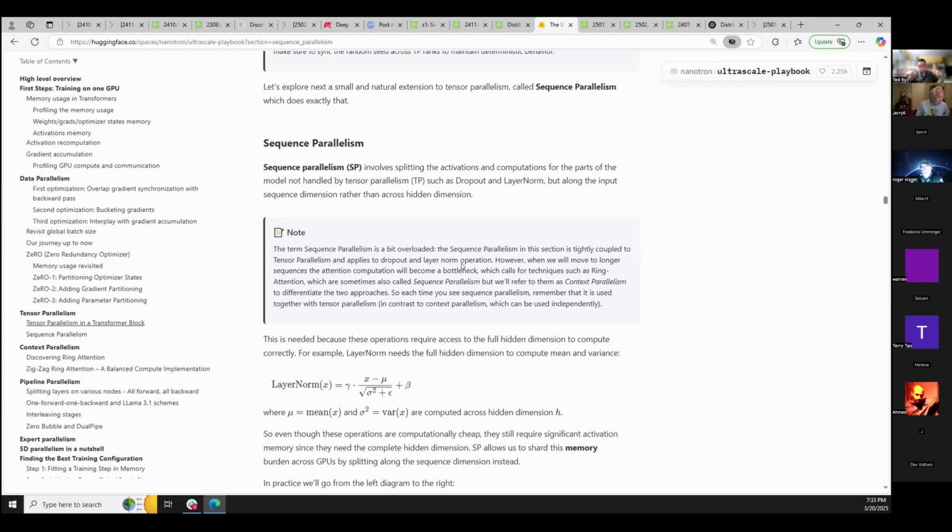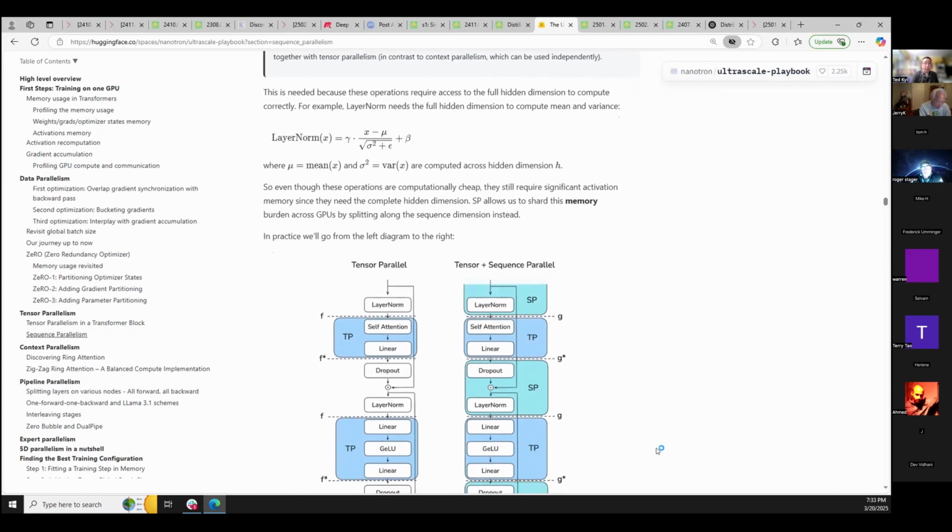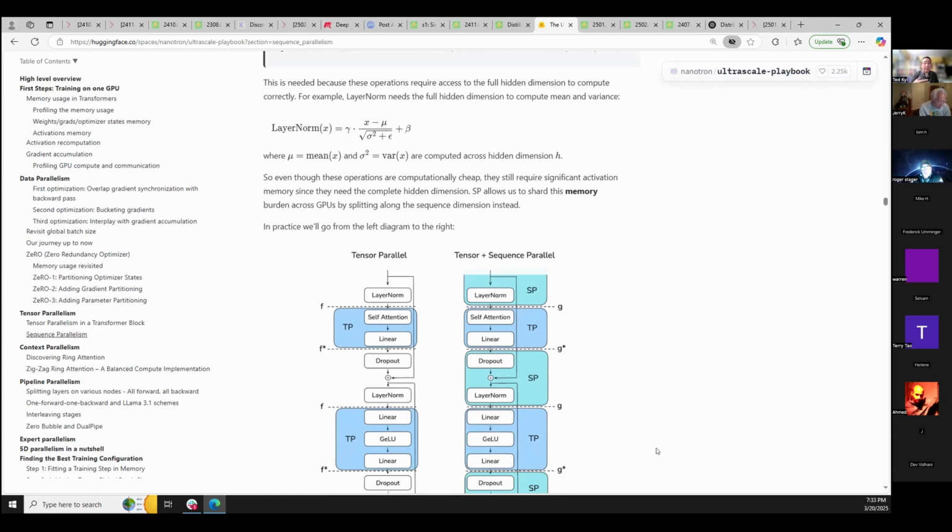If your token is embedded as 8,000 floats, layer norm needs to see all 8,000 floats in order to calculate the norm. For this reason, it creates a step that is not easily tensor parallelized. It just doesn't play nice with any notion of tensor parallelism, and there's really no way to slice a layer norm to get it to play nice.